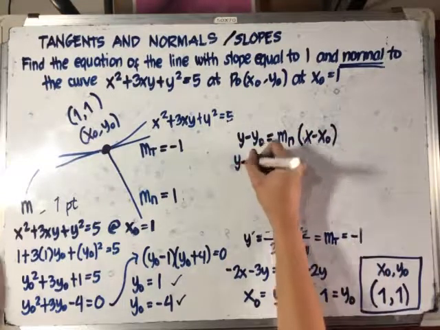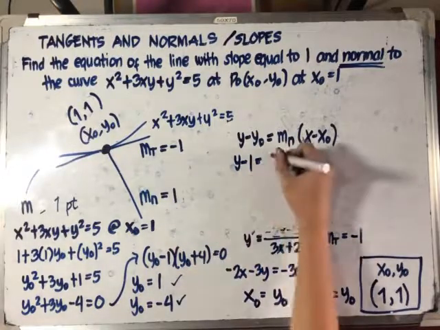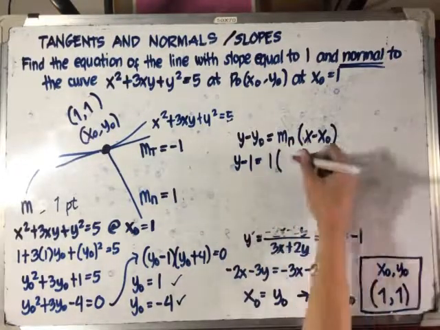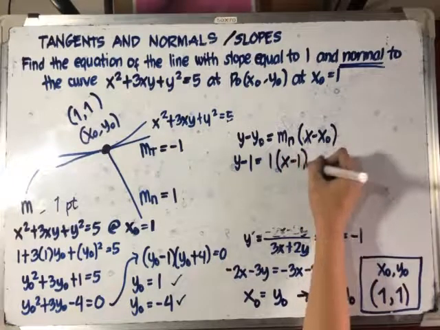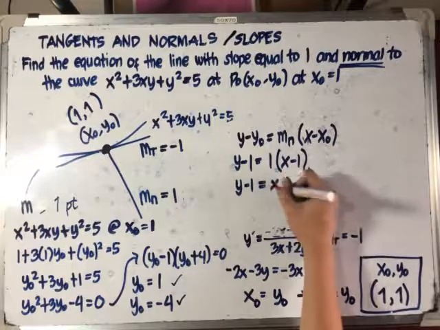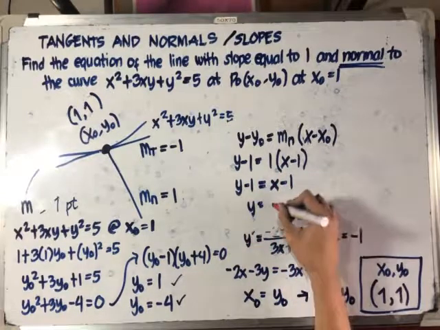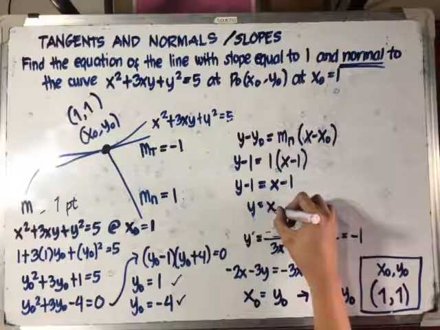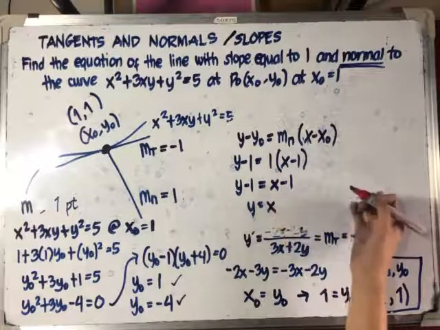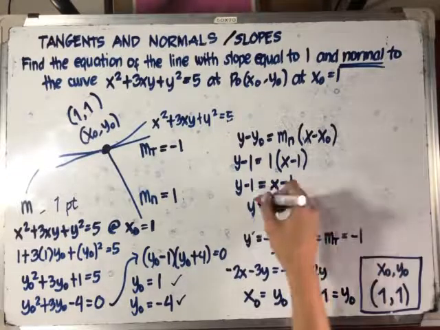So, this would be y. Y sub o natin is 1. M of the normal line is 1. X minus x sub o, 1. So, that would be 1. Y minus 1 equals x minus 1. Moving this 1 onto the other side, y is equal to x.